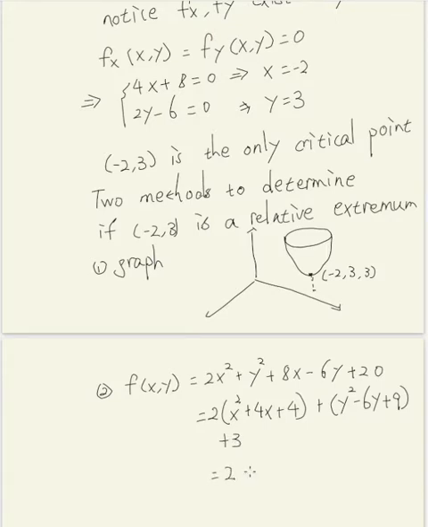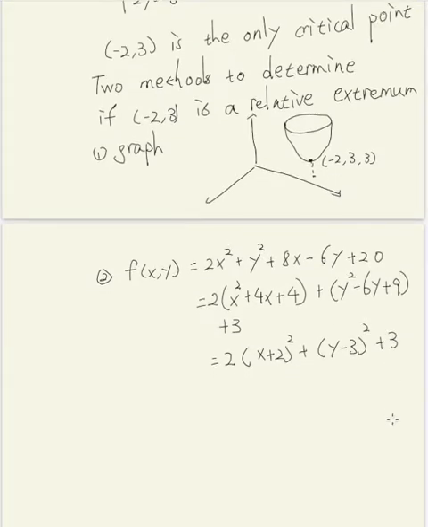All right, turn this into squares. We have 2 times (x plus 2) squared plus (y minus 3) squared plus 3, and then it becomes obvious that (-2, 3) is a relative minimum because f of x and y is larger than or equal to 3, which is f of (-2, 3), for all x, y.